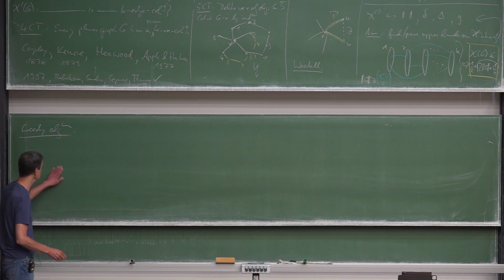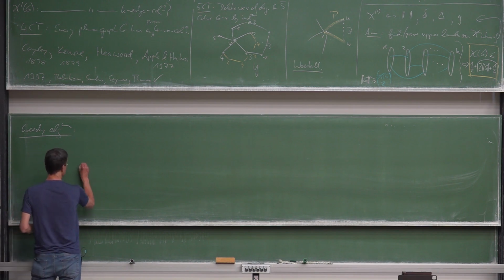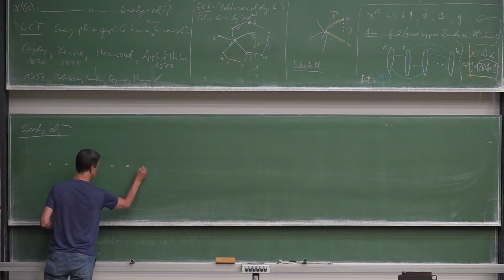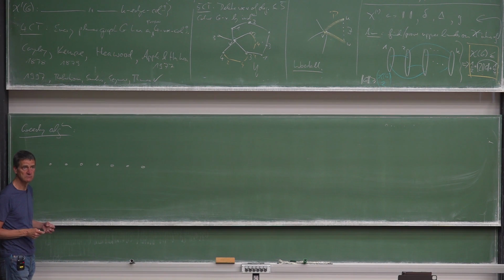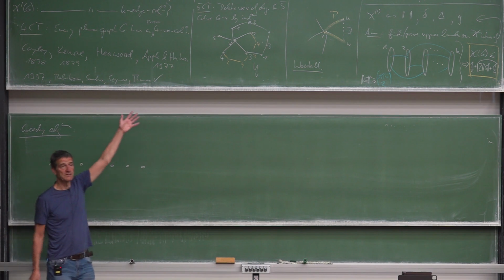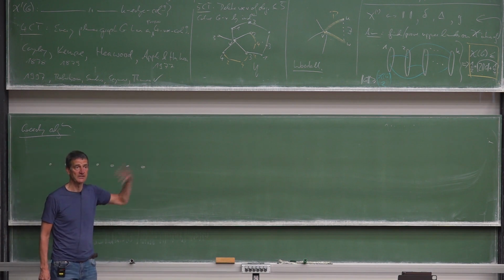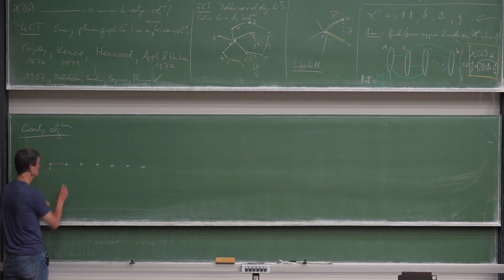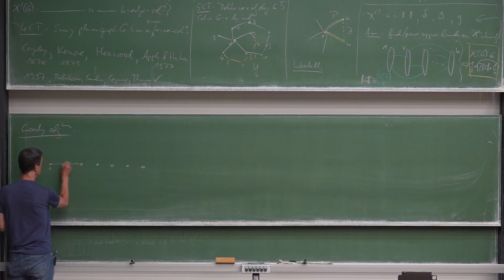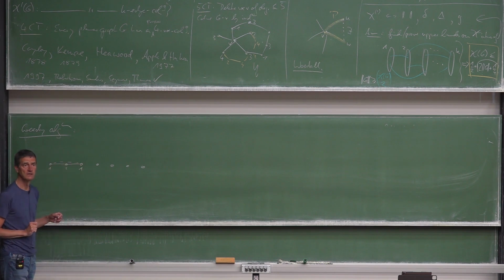So for vertex coloring, it means just enumerate all the vertices and start coloring with the smallest available color, where smallest refers to the set of colors being some set of natural numbers like 1 to k, right? So we color this one. If there's an edge here, we can't color this one. If there's an edge here, but not here, we color this one, and so on.